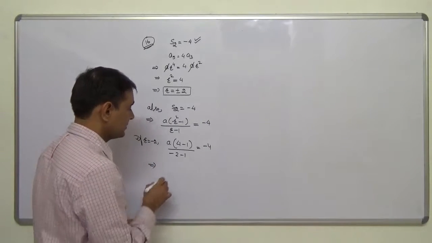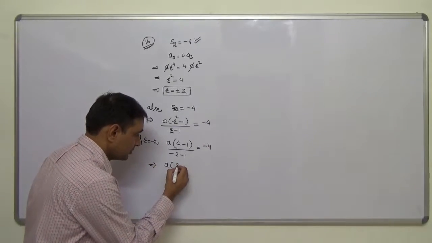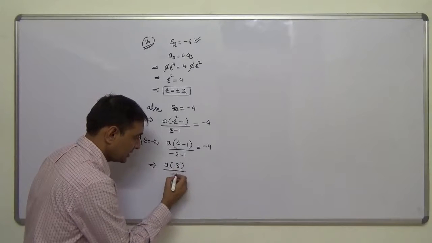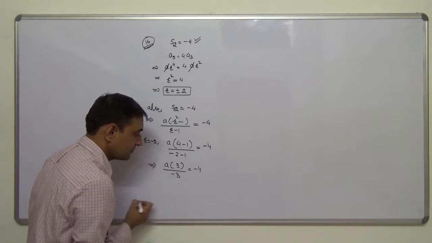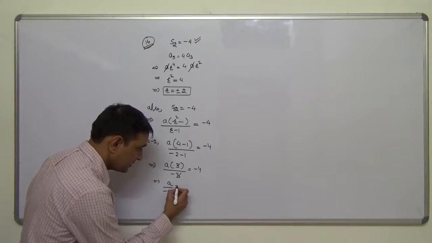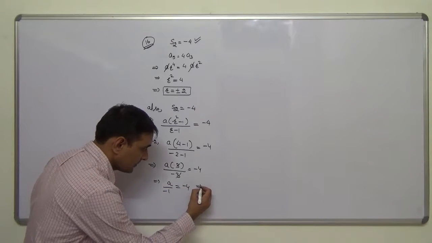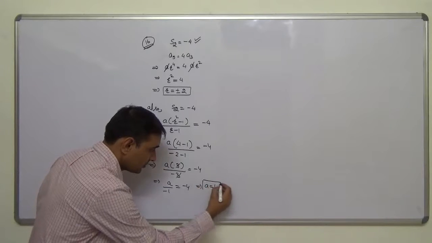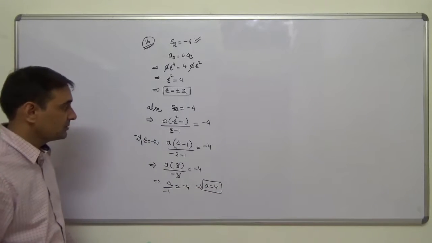This implies A into 3 upon -3 is equal to -4. ये हम कैंसिल आउट कर सकते हैं. A upon -1 is equal to -4, implies A is equal to 4, right? यहाँ से हमें A मिल गया.